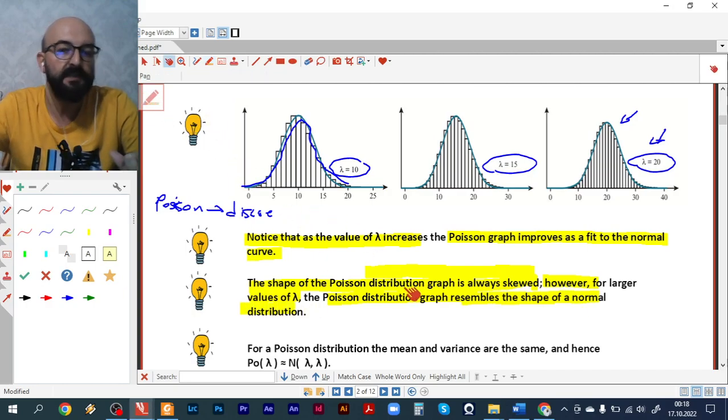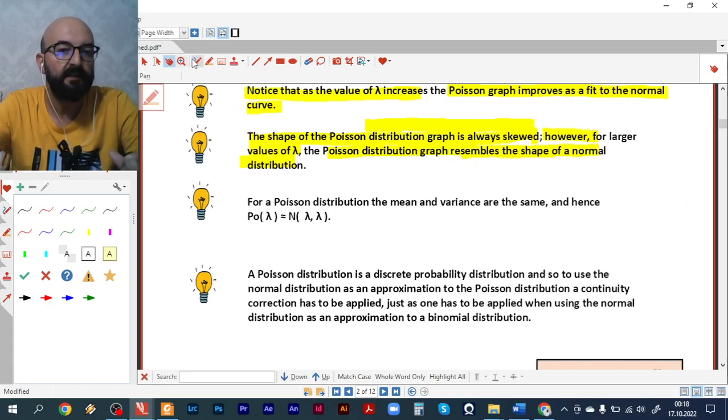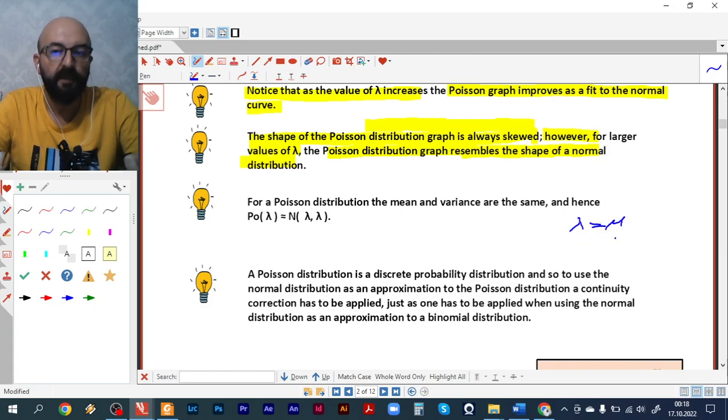Please remember that in the Poisson distribution, our lambda means the mean, and the mean and variance are the same. So if you work with the Poisson distribution, your mean and your variance are the same.